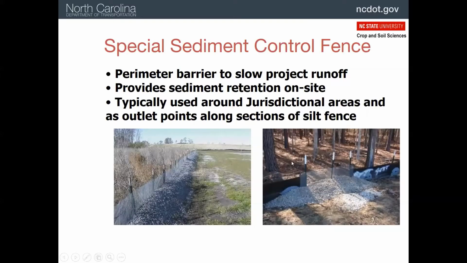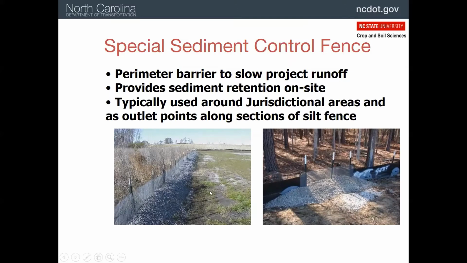All right, so we just talked about this silt fence break, and we have another device that's exactly the same except there's no silt fence. This is called a special sediment control fence. It is usually used where you have expected high flows and a silt fence might not be able to handle it. As you can see, this is a jurisdictional area, as was mentioned up here. So it's a wetland.